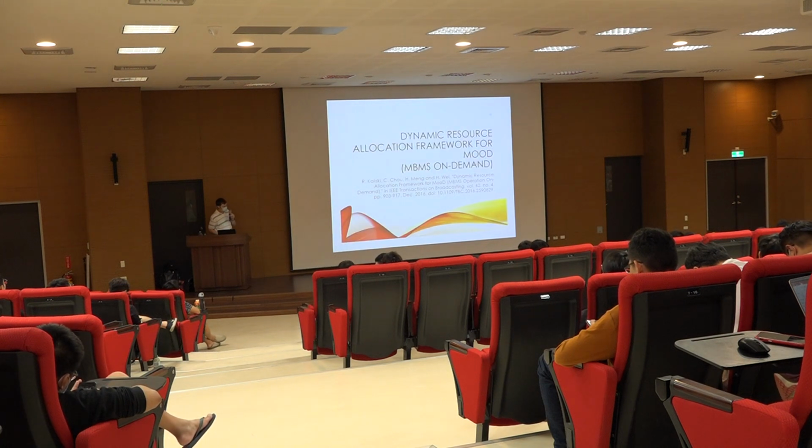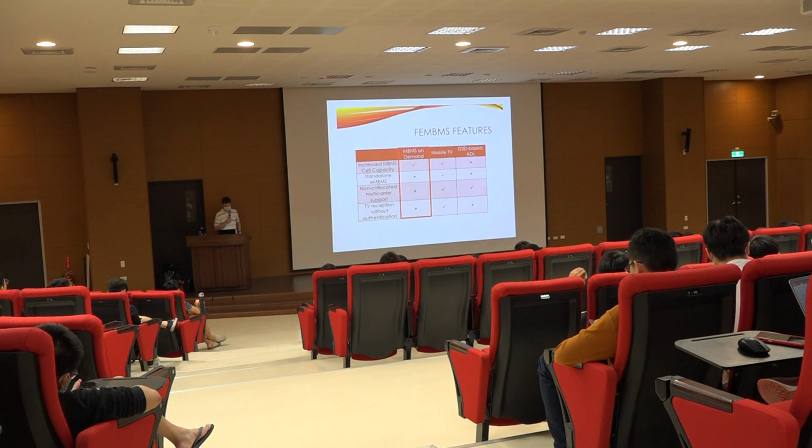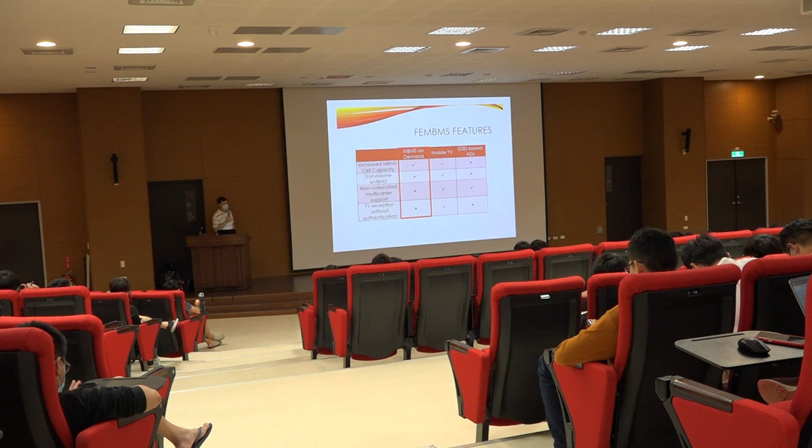So for our first work, we discussed a Dynamic Resource Allocation Framework for MOOD, or MBMS on Demand. So what does FE-MBMS actually have that E-MBMS does not? Well, it supports this MBMS on demand concept. So increased MBMS cell capacity, so essentially we can use more than just the default.